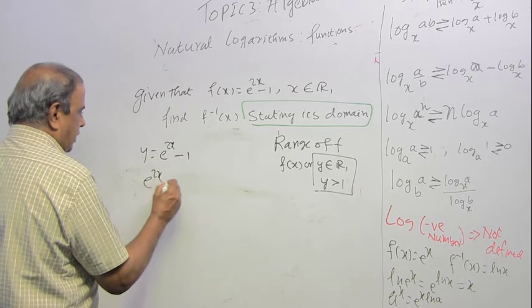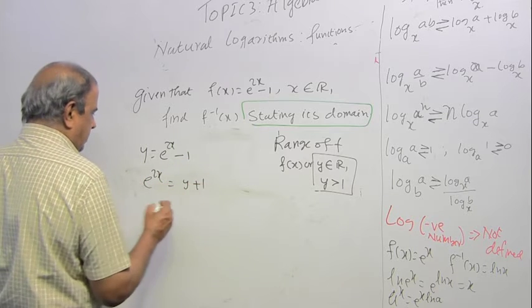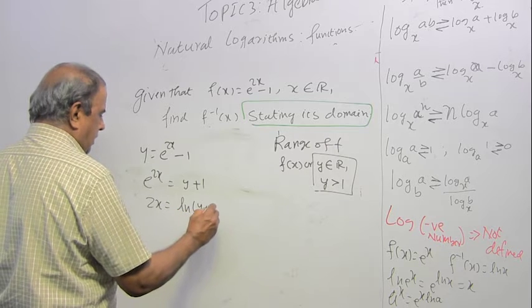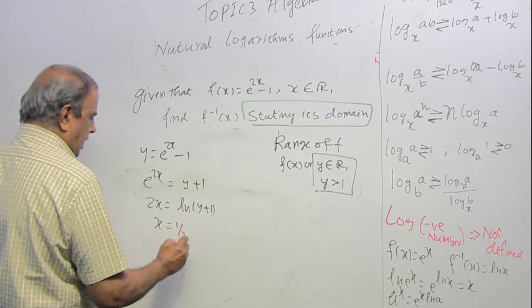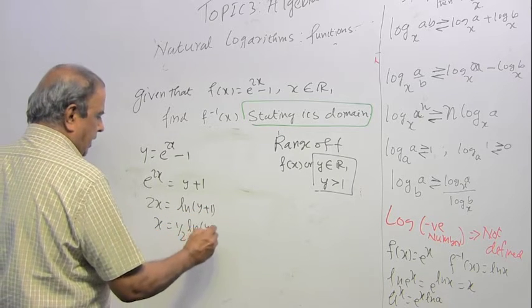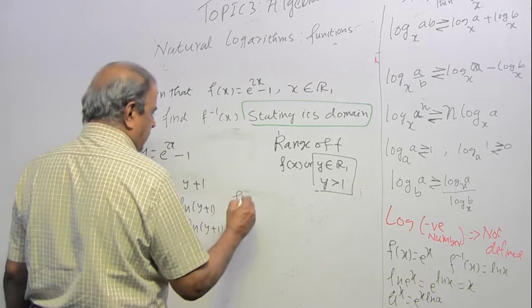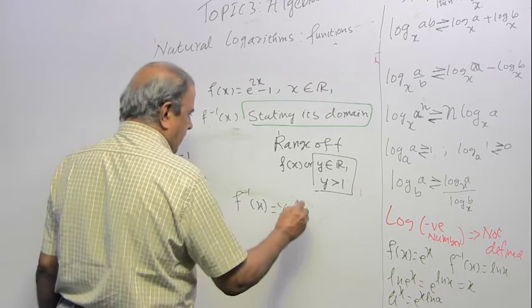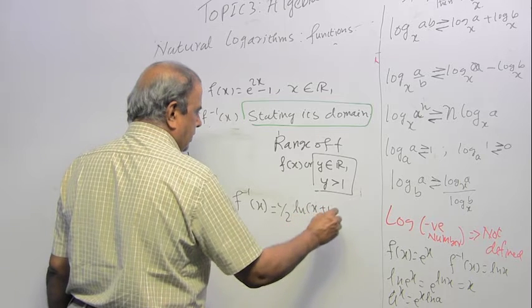So e power 2x equal to y plus 1. 2x equal to ln of y plus 1. x equal to half ln of y plus 1. So f inverse of x is equal to half ln of x plus 1.